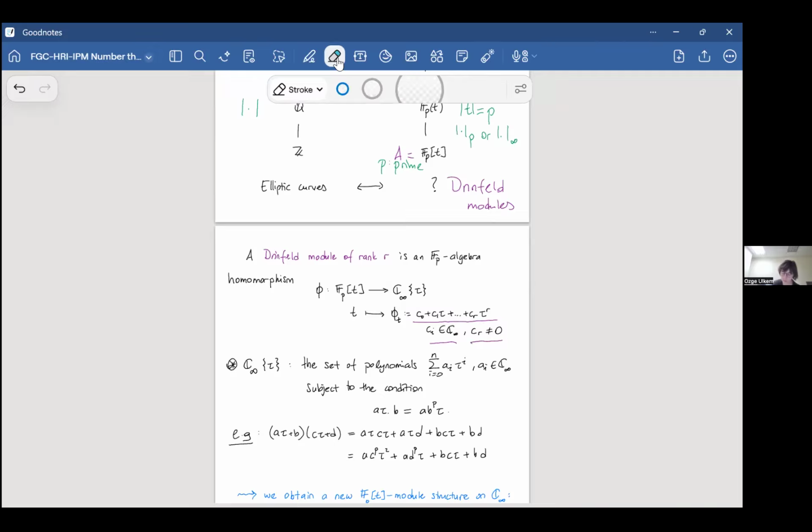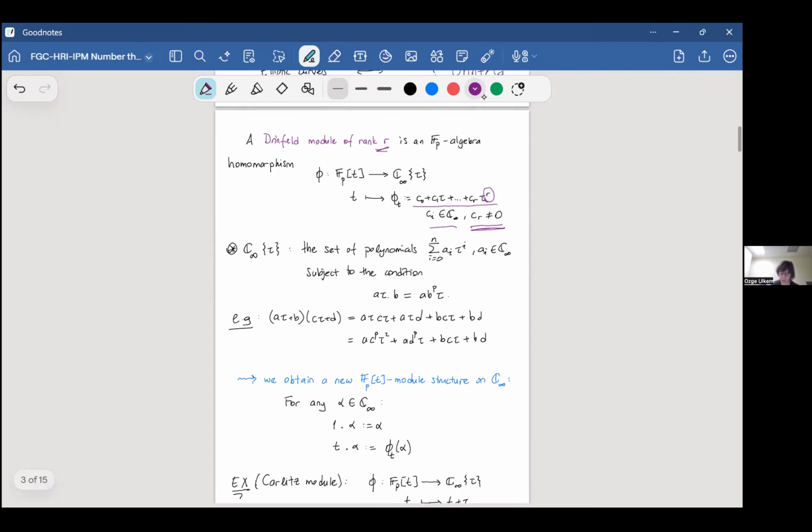Here, there are a couple of things. First, since it's an F_p-algebra homomorphism and F_p[t] is generated by 1 and t as an F_p-algebra, it's enough to determine where t goes. And it's rank r, so we have tau to the r, and c_r is non-zero. Why is this a module?